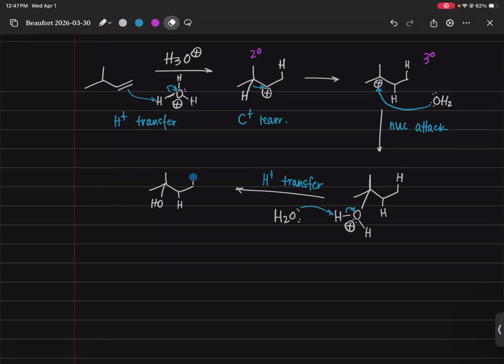And that becomes our product. We can erase these explicit hydrogens. And there's our addition product. Of course, noticing that the two carbons that used to be part of the alkene, neither of those carbons has the OH substituent on it because we had a carbocation rearrangement.